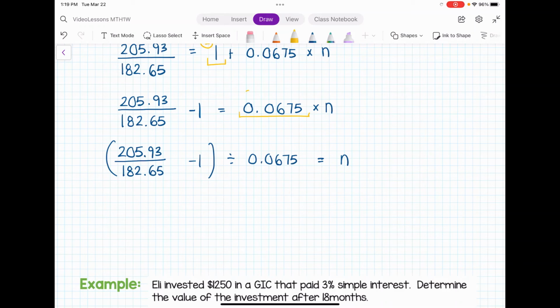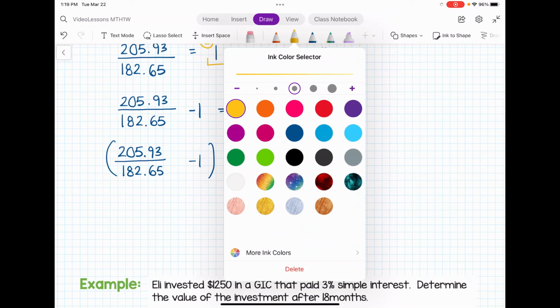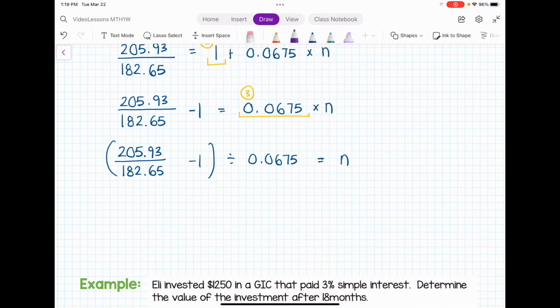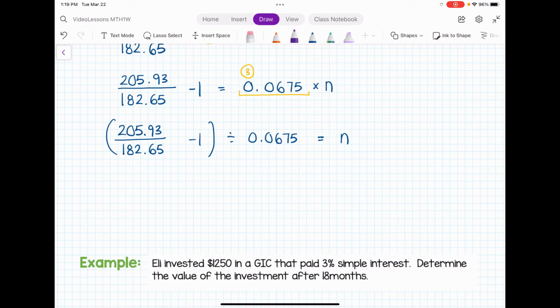And now you can use your calculator. And that will tell you the time period, right? It's going to give it to you in years.